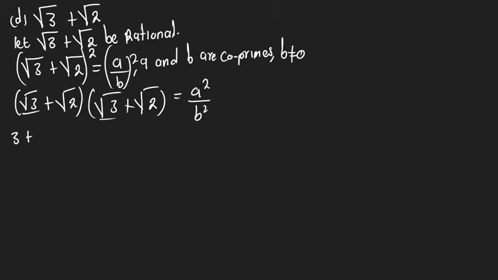Then root 3 multiplied by root 2 is going to give you something like 2 multiplied by 3 inside. Then you say plus root 2 multiplied by root 3, it will give you 2 multiplied by 3. You just multiply what is inside and you maintain the root. Plus root 2 multiplied by root 2, it will give you a 2.